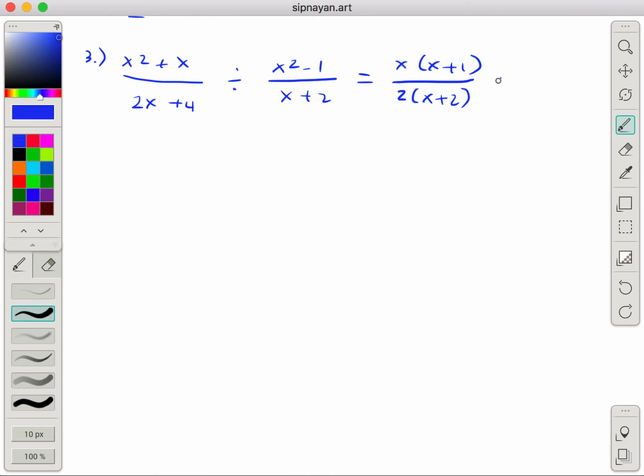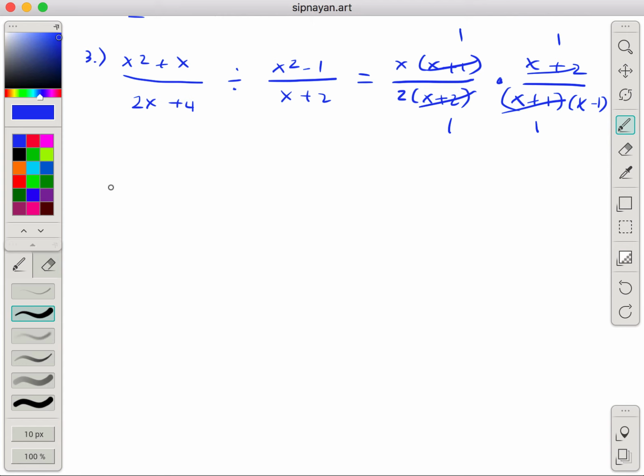And then, yung division, magiging multiplication. And then, babalik na rin natin to. So, x plus 2 over x squared minus 1. Anong factor nito? Pwede ba natin i-factor? This is again difference of 2 squares. So, magiging x plus 1 times x minus 1. So, we can cancel. Magiging 1. We can cancel, magiging 1.